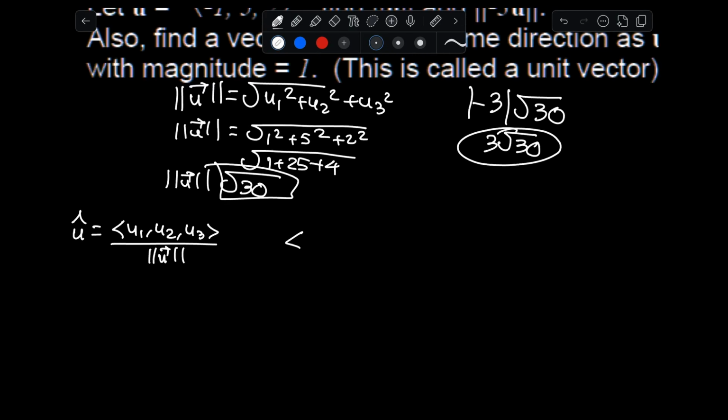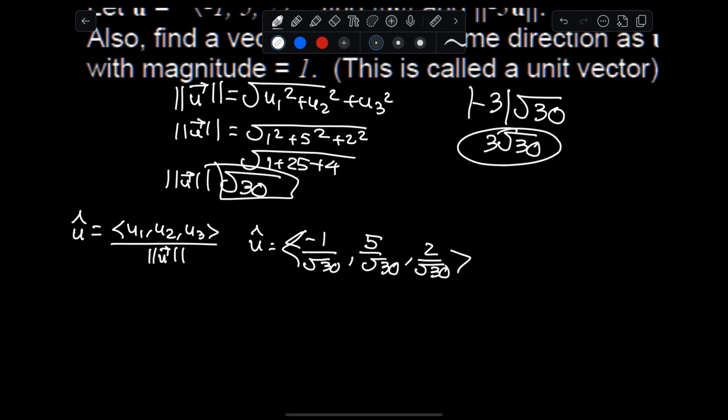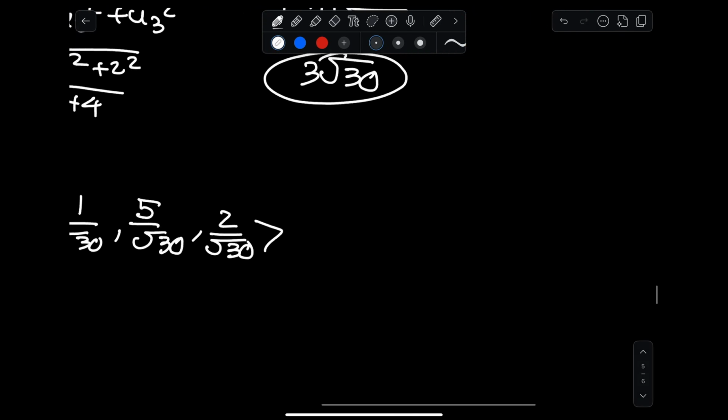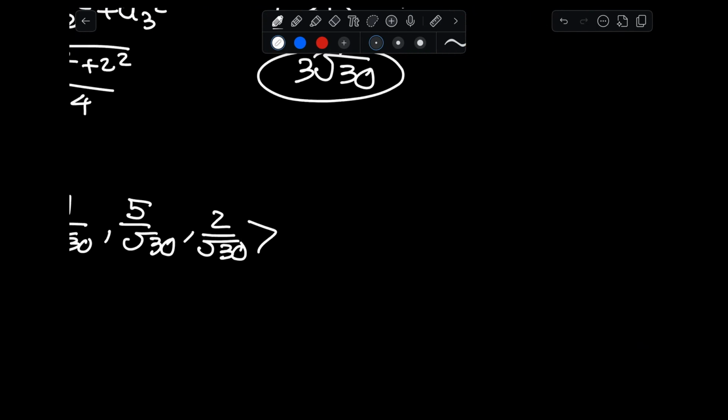And what we can do is just have it set up now. We can just do 1 over root 30, we have 5 over root 30, 2 over root 30. And then this is our u hat. Other types of unit vectors you'll be seeing in calculus 3 are things like i hat, j hat, and k hat.